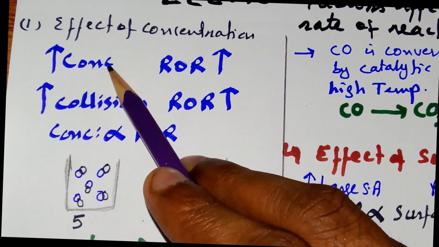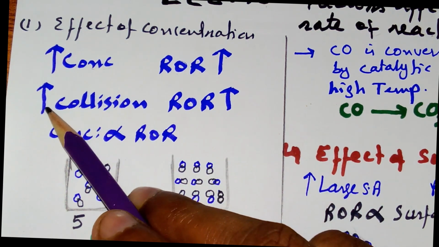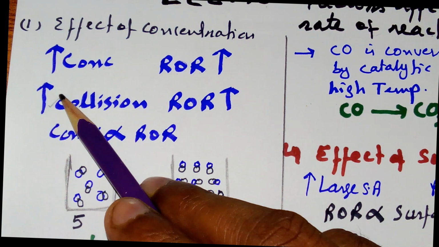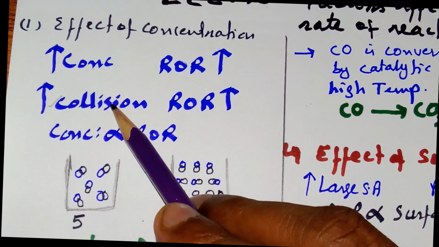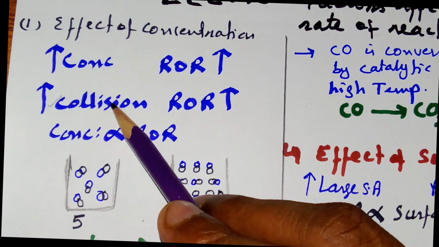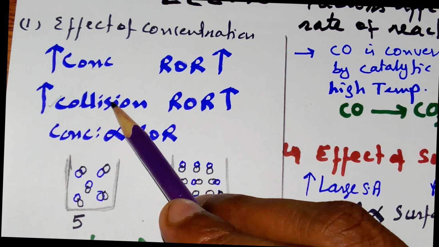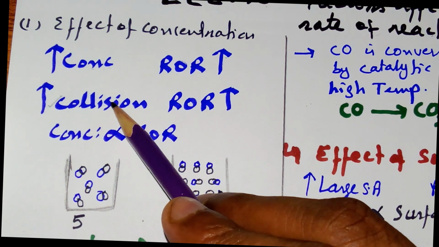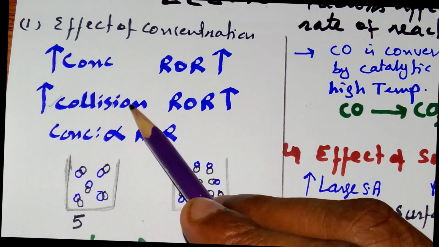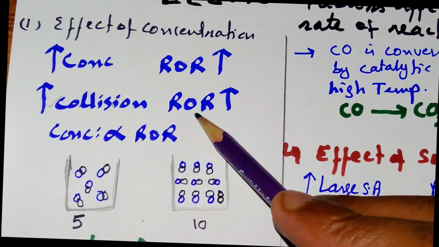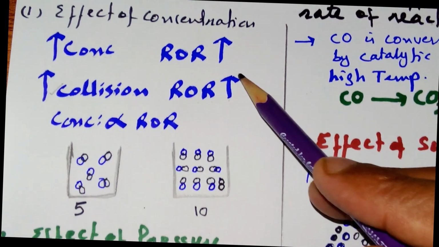Increase in concentration of reactant means there will be a large number of collisions among the reactant molecules. There is a greater possibility for the number of collisions taking place among the reactant molecules, so we can say that the rate of the reaction also will increase.